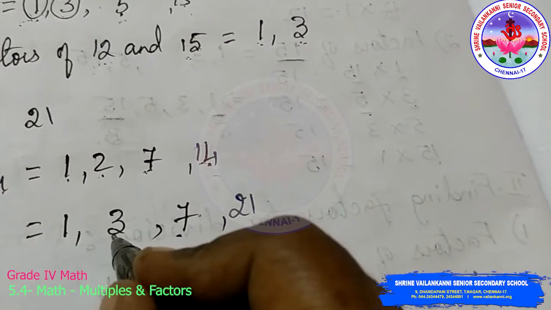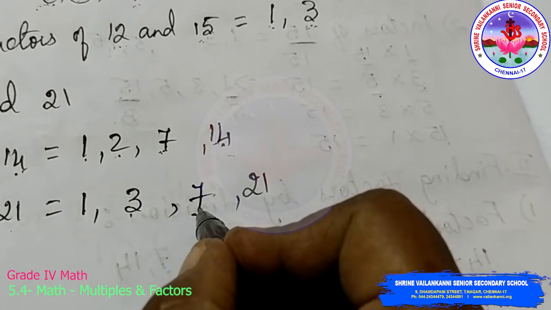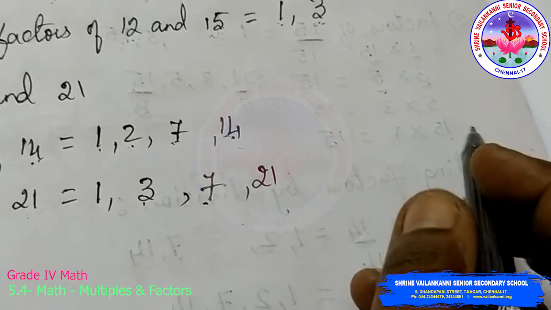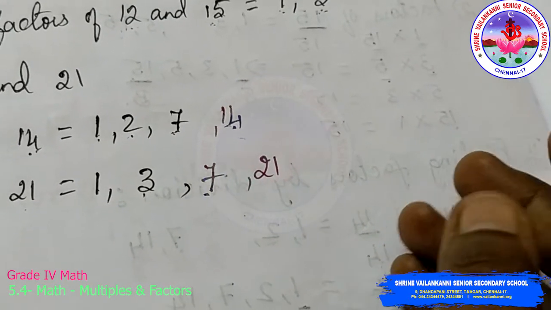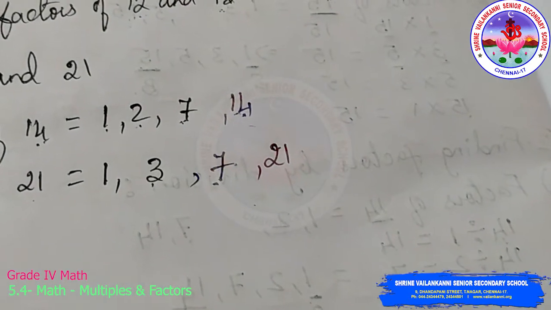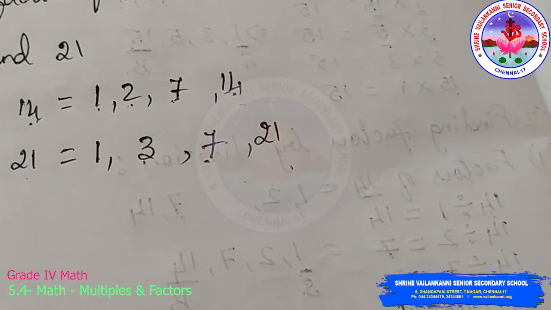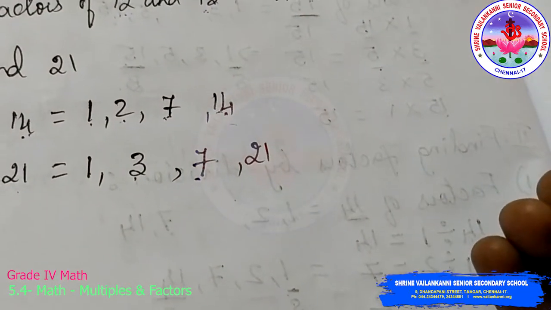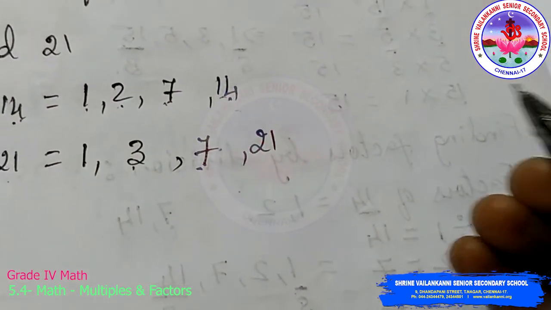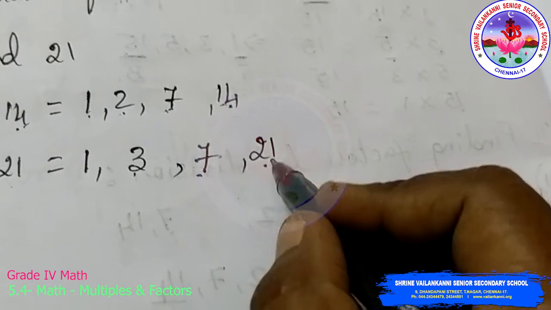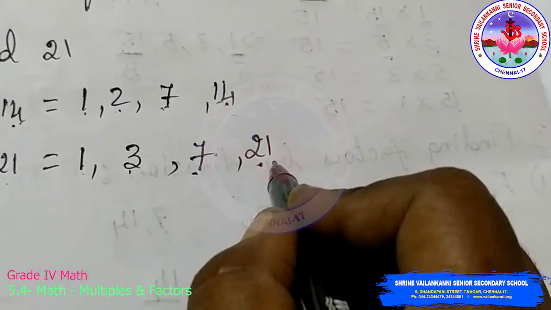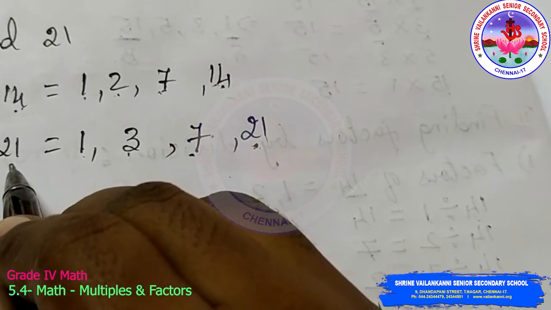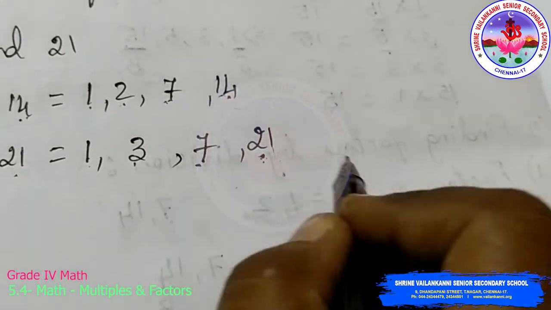Yes, 7 3s are 21, which I have already written. 8 table? No. 9 table? 10 table? No. 11, 12, 13, 14, 15, 16 also will not get it, nor will 17, 18, 19, 20. And finally the 21 table: 21 1s are 21. So for the number 21 also we have 4 factors.